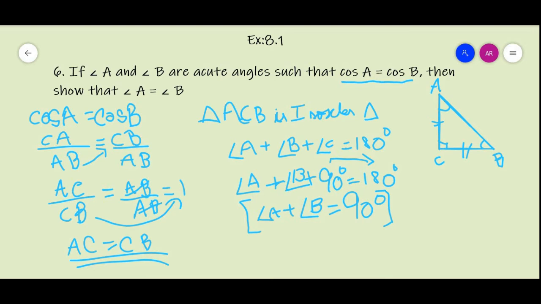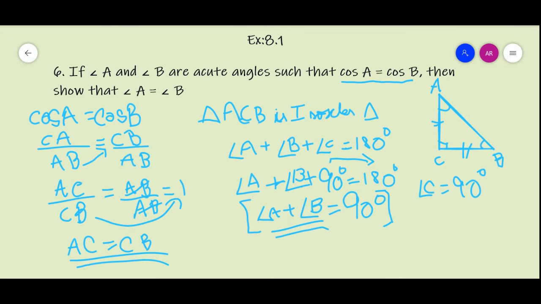So we know something else from isosceles triangles. What is that? As two sides are equal, there are going to be two angles which are the same in the triangle. As one angle is already 90 degrees, we know that angle C is equal to 90 degrees. Now we are left with angle A and angle B, whose sum we got as 90 degrees. So we can consider these two angles to be equal.